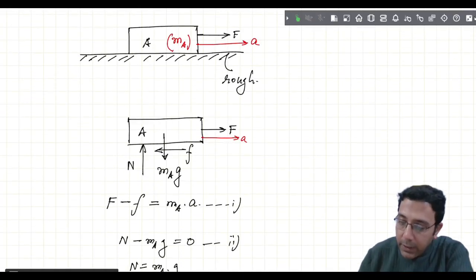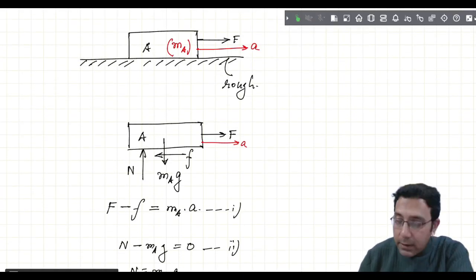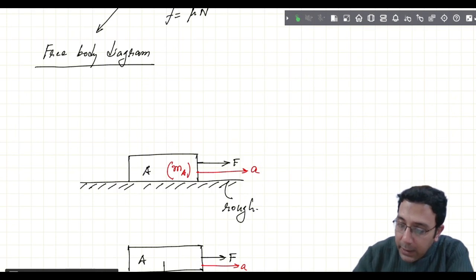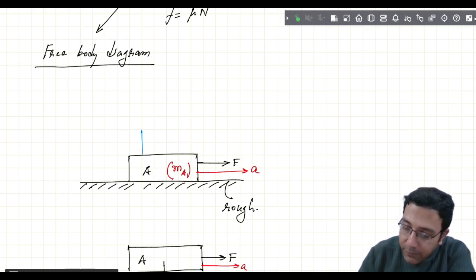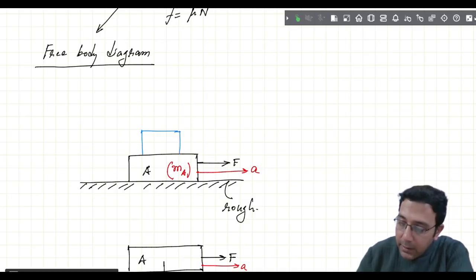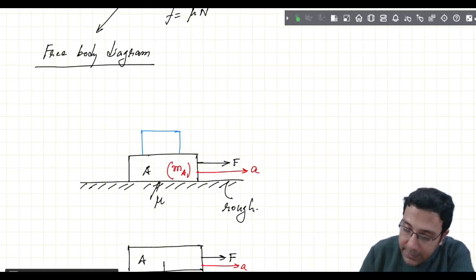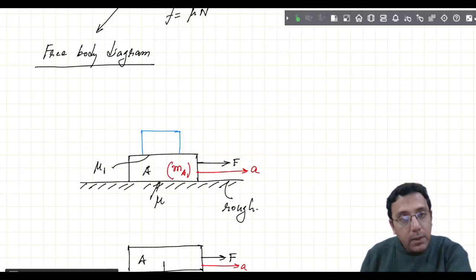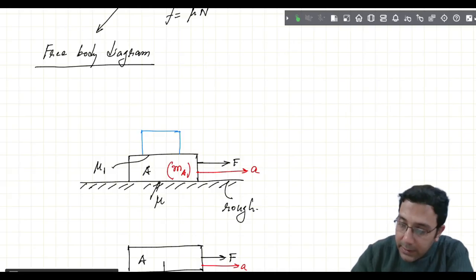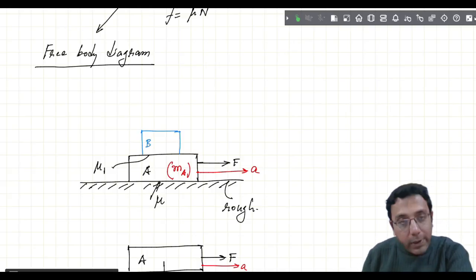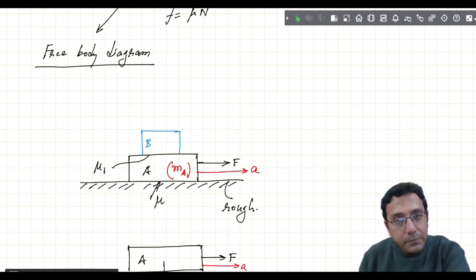What if I consider another body over this body? What will be the physics for that? Let's say this was mu, the coefficient of friction between body A and the rough surface, and this was mu1, the coefficient of friction between body B and body A. How will you draw the free body diagram of body B?